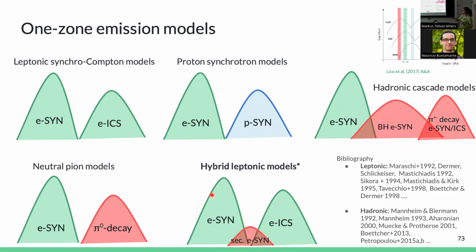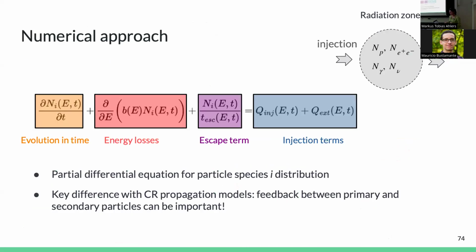So we call these hybrid leptonic models, just to differentiate from the purely leptonic models. And for those interested, you can also check the literature where I included some of the seminal papers for each kind of scenario. What is the numerical approach that we use?